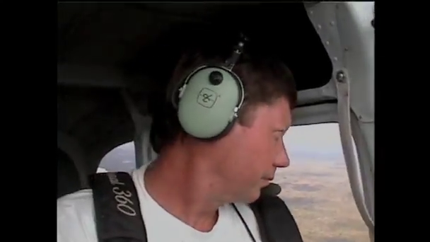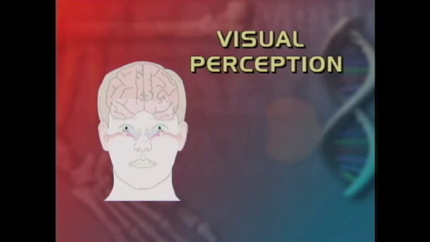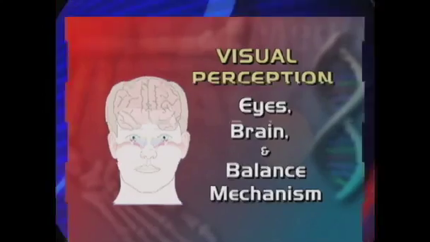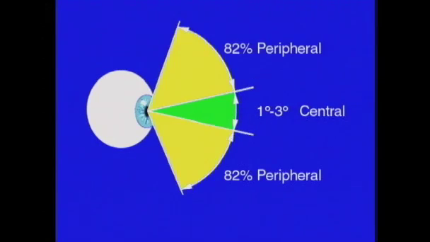Of all of the senses of the human body, vision is your most important and the most dominant sense in obtaining reference information during flight. Visual perception involves your eyes, brain, and balance mechanism. The functions of the eye include central and peripheral vision.